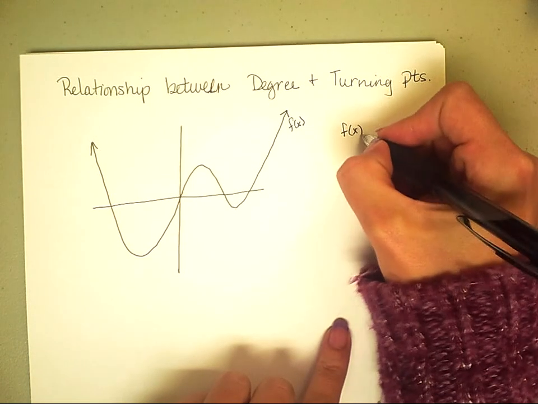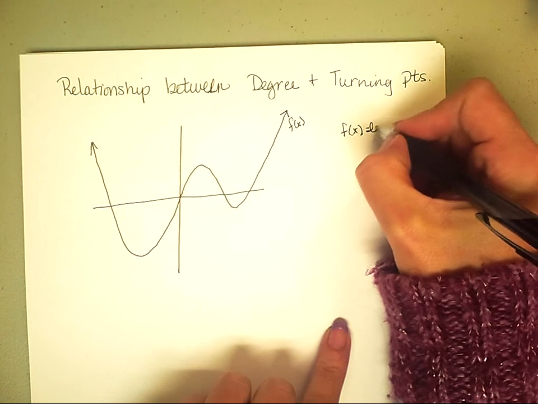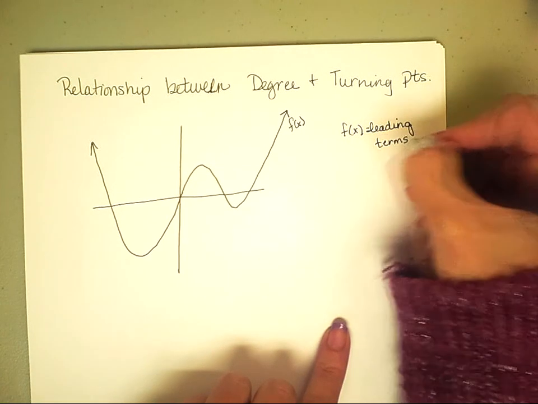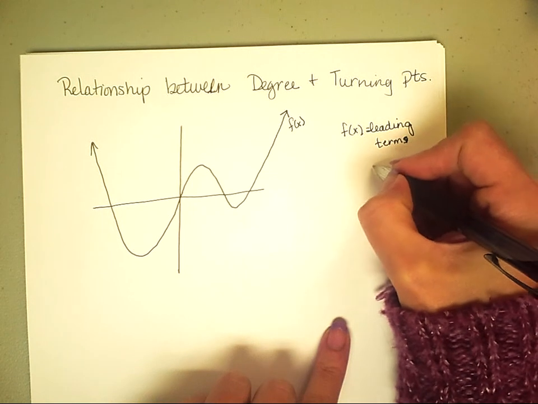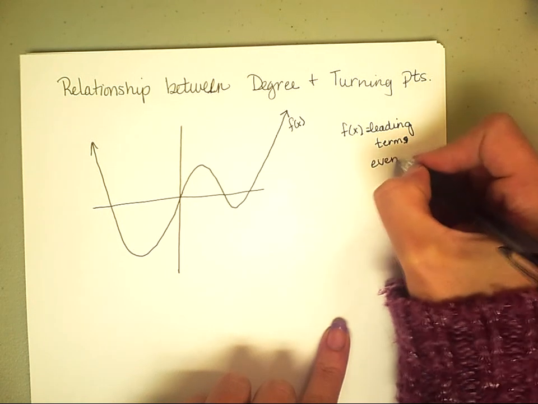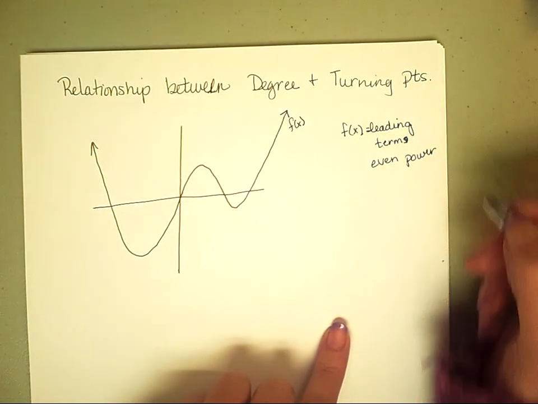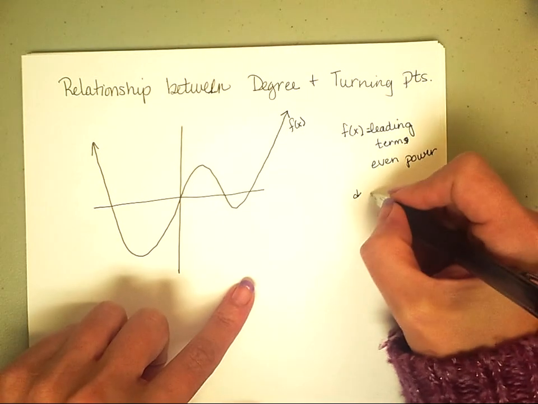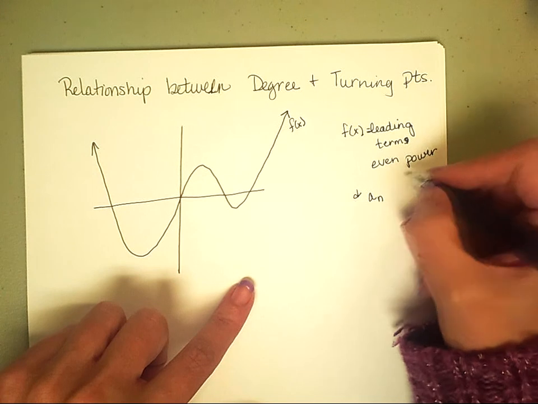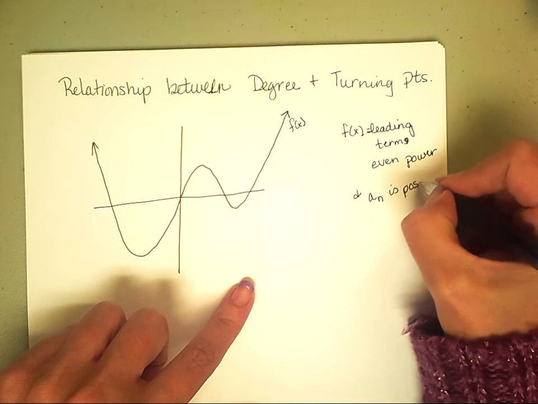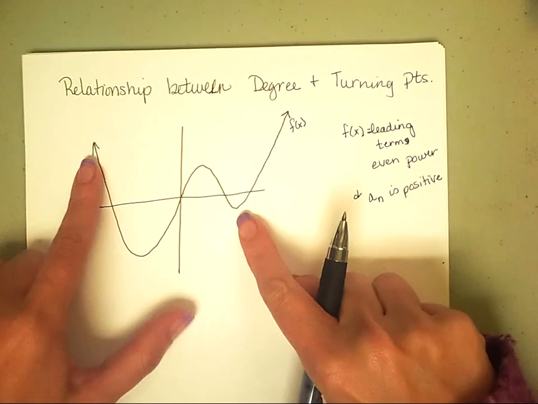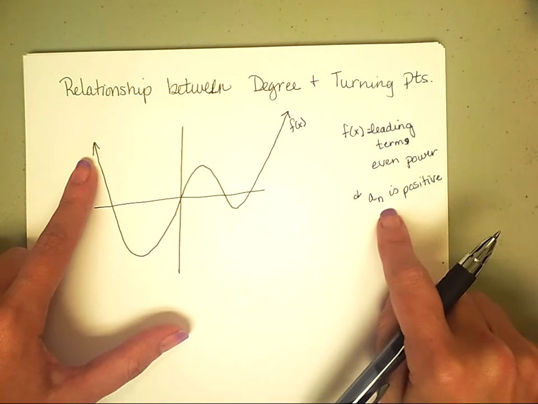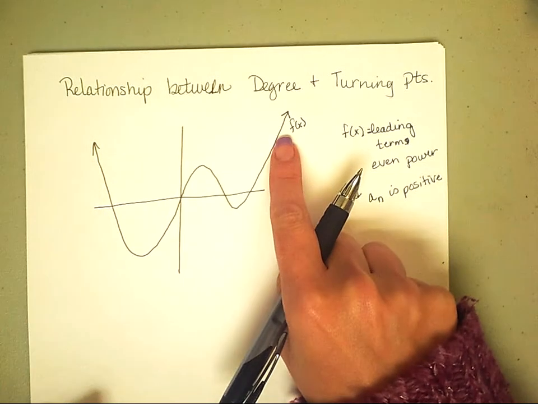I know f of x has a leading term that is even power, because they're both taking off to infinity. And I also know that a sub n, the leading coefficient, is positive. Even if I don't know what this graph is, I know the leading term is a leading power with a positive coefficient because of the end behavior.